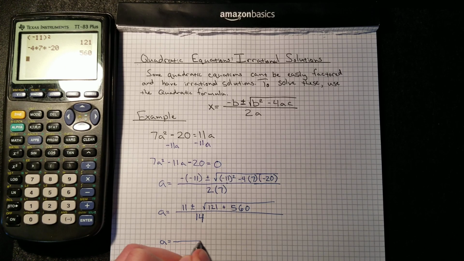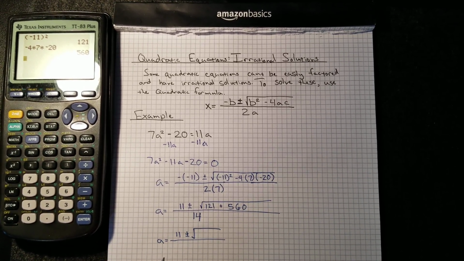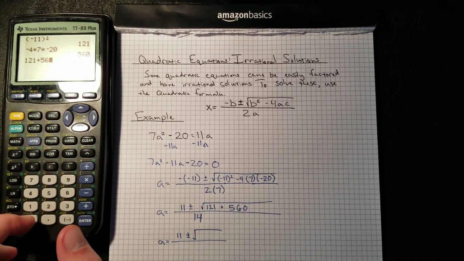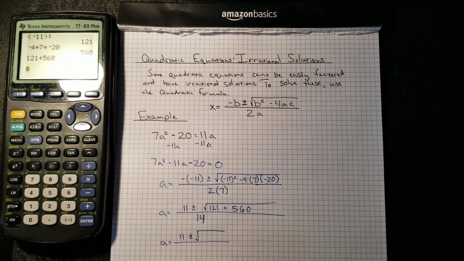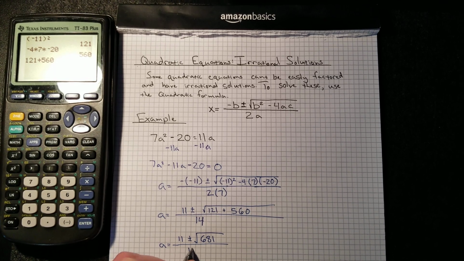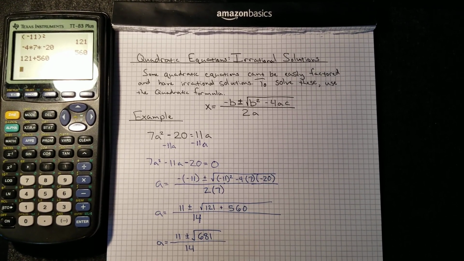A equals 11 plus or minus the square root of 121 plus 560, which equals 681, divided by 14. So now this is the kind of new-ish thing.